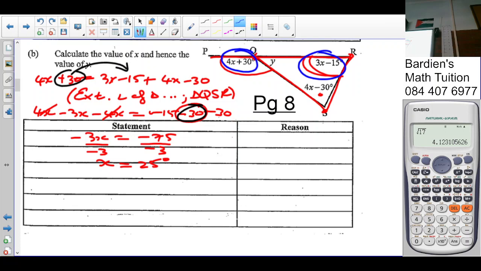You must remember, whichever equation you set up, it must adhere to one of your geometry rules. So it's either angles in a triangle add up to 180, or angles in a straight line add up to 180, or co-interior, and so on. So you must use your rules for geometry, your reason. You understand? You can't just say 4x plus 30 is equal to 3x minus 15. You must have a reason why you're saying it. You understand?